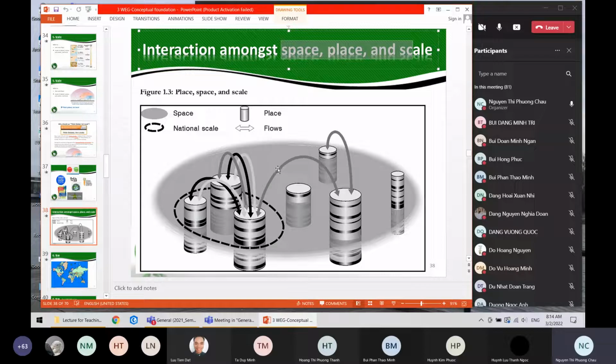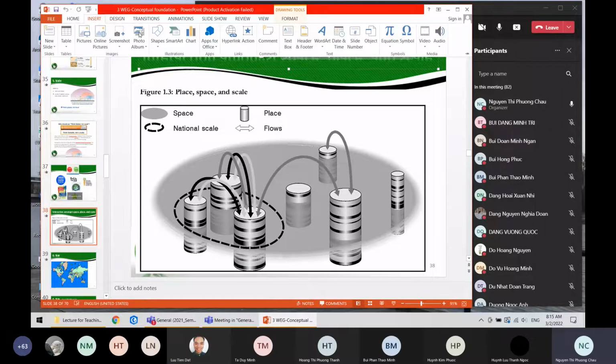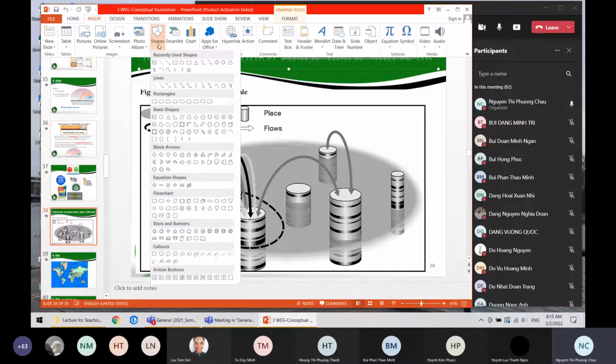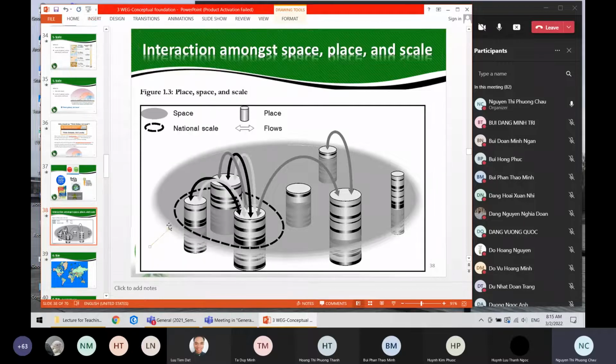We can see there are two circles. The biggest circle is the global scale. The smaller one is the regional scale, and each column is the national scale.